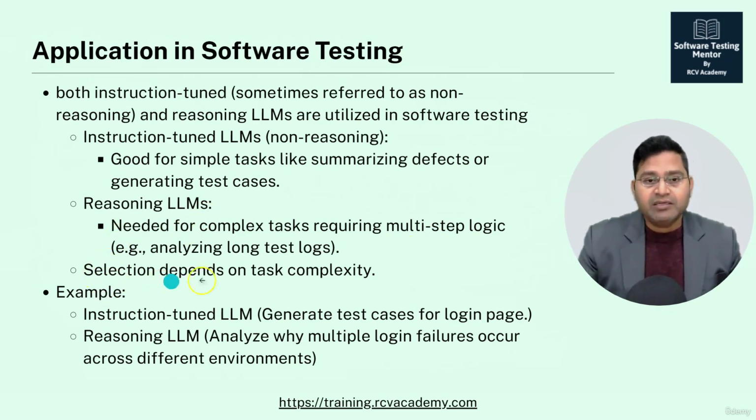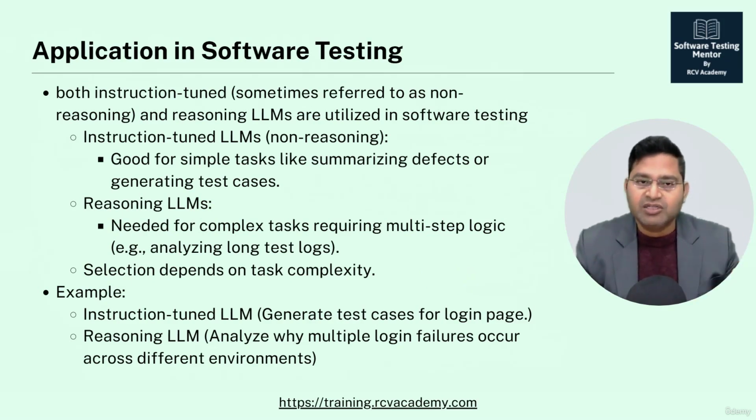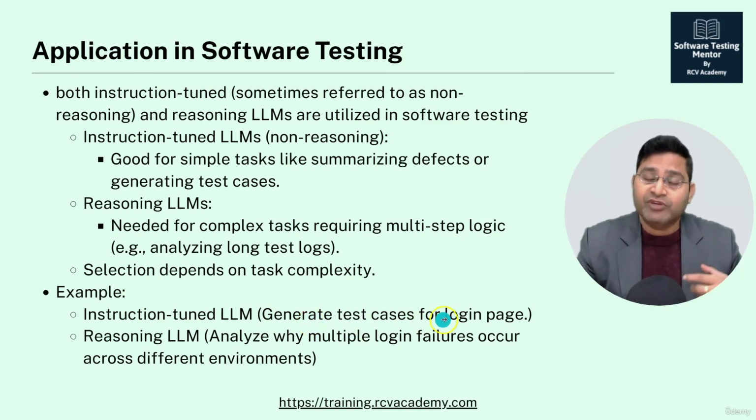The selection depends on the task complexity and where you are using it. You will not necessarily always need an instruction tuned or reasoning LLM; you will use the LLMs according to the specific requirement. For example, an instruction tuned LLM is really good for generating test cases for a specific functionality.